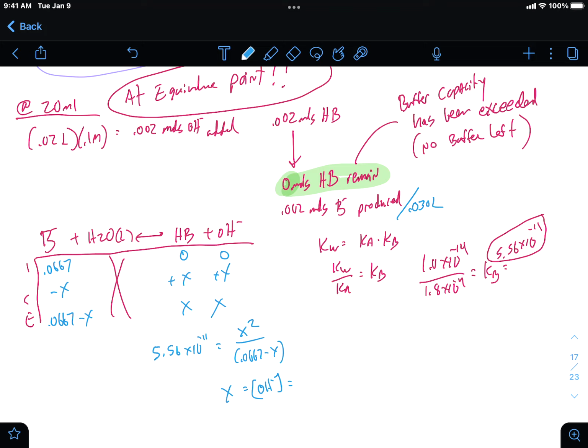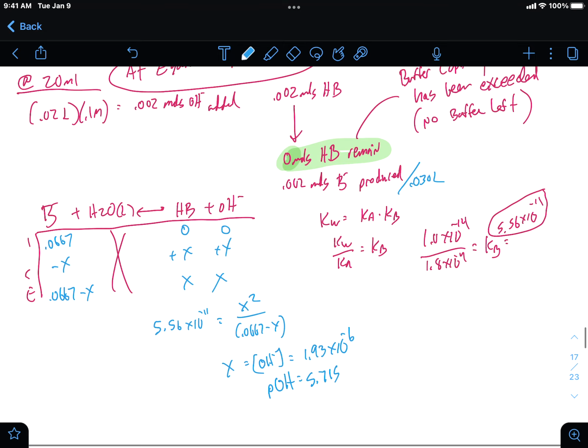Okay, I get X to be 1.93 times 10 to the minus 6th. Taking the negative log of that gives me the pOH to be 5.715.